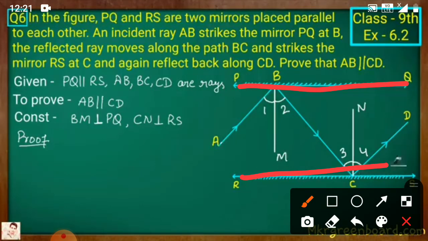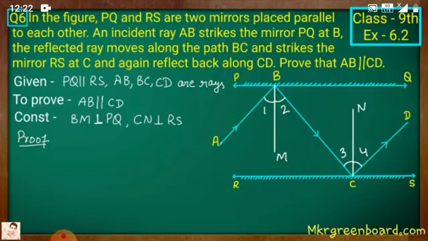An incident ray AB strikes mirror PQ at B, the reflected ray moves along the path BC and strikes the mirror RS at C, and again reflects back along CD. Prove that AB is parallel to CD.